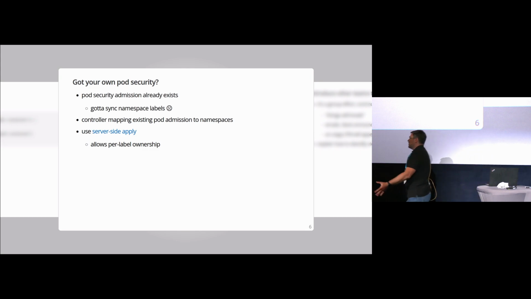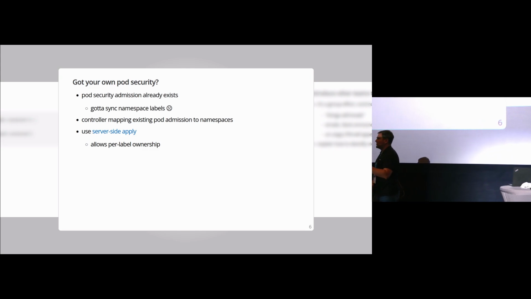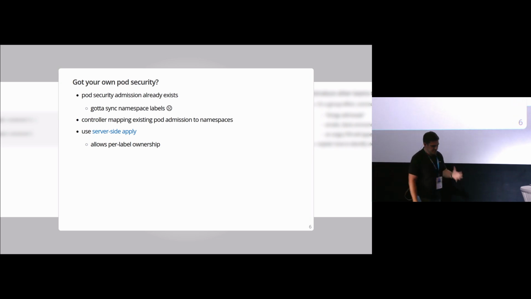So, all right, you're logging now. So now is actually a good time to step back a little bit and think about, all right, so I have my own pod security now. Now what? I want these to be somewhat cooperating, right? And in this case, you are most likely going to have to synchronize labels and namespaces, right?